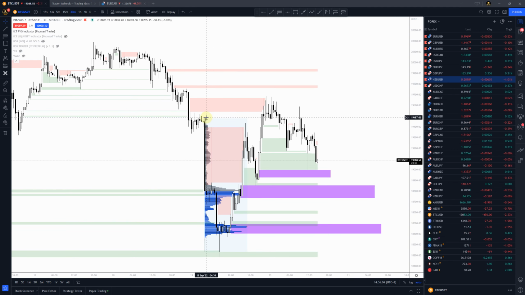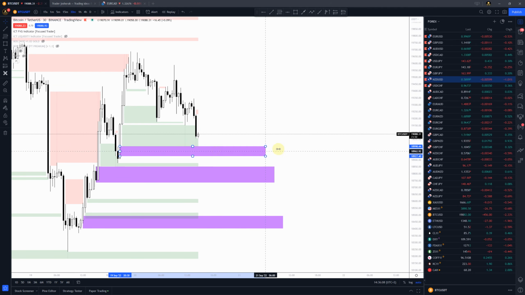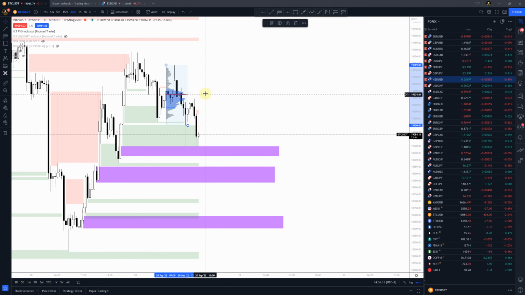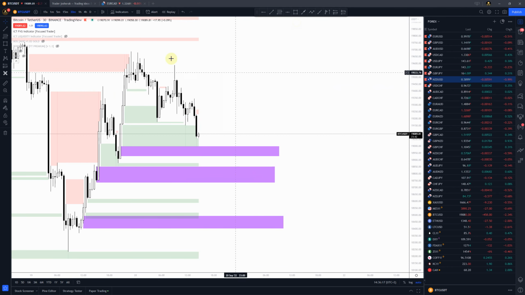Okay, and let's see what the areas of resistance could be there. I don't see any good one because there is no fair value gap here, so the price action was very slow, and that means that all of these areas will generate only liquidity.